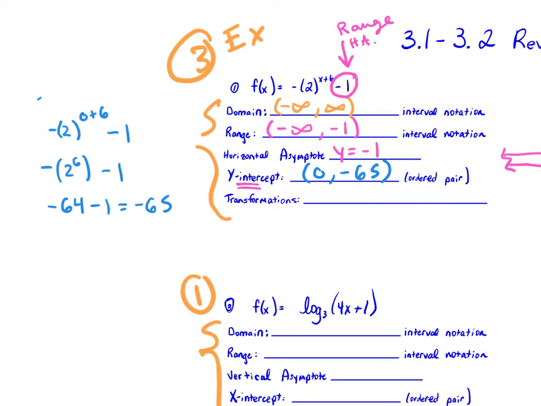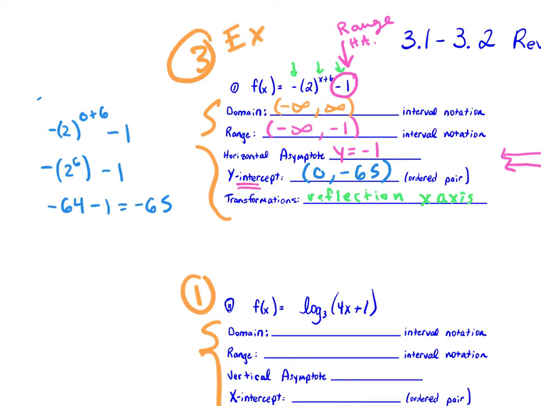And then our transformations, we're just going to look at everything that's happening in our equation and write our transformations about it. So a negative out front tells us what? Tells you it's a reflection. A reflection. On which axis? The x. The x-axis.